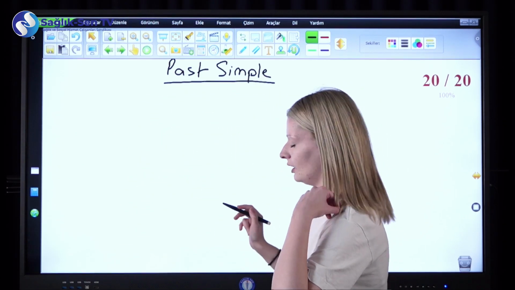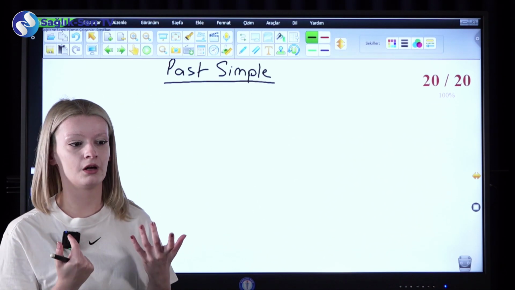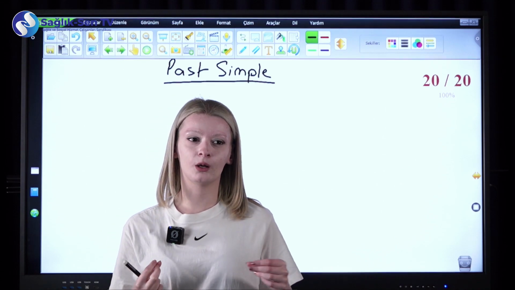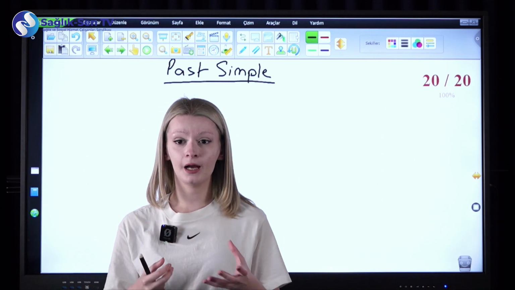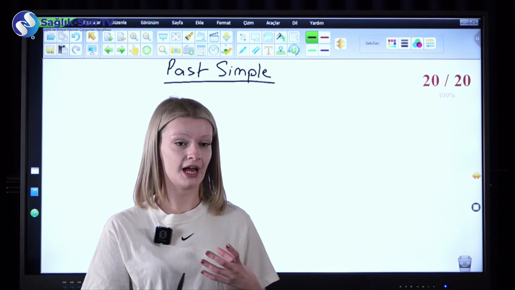When we are talking about past simple, there is only one use of past simple, and we are talking about actions that happened and ended in the past, and they were short actions.